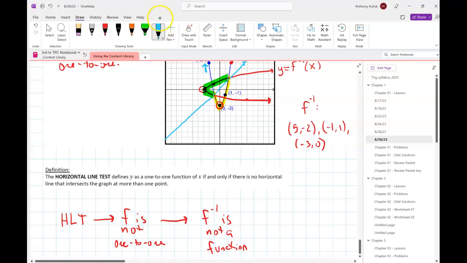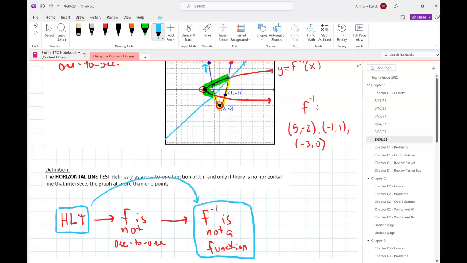So what can we say about the horizontal line test? In addition to telling us about f, it can also tell us about f inverse, right?